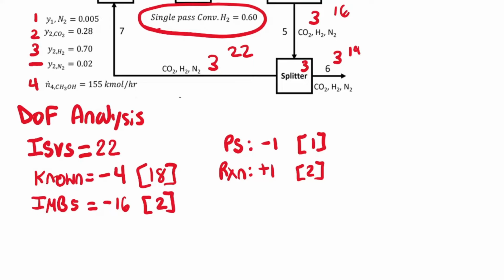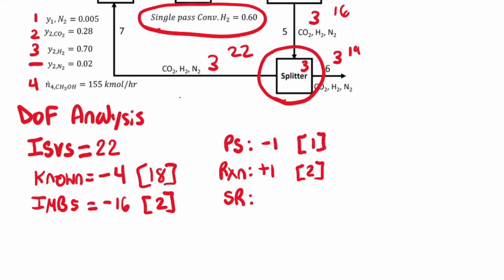And normally, that would probably be about where we're at in terms of the different ways we can reduce my degrees of freedom. However, we have a special unit in today's problem, which is a splitter. And with the splitter, what you have to do for your degree of freedom analysis is incorporate splitter restrictions.